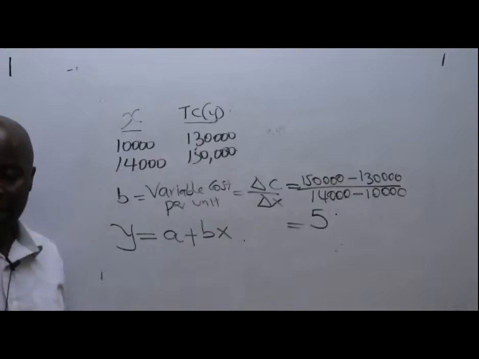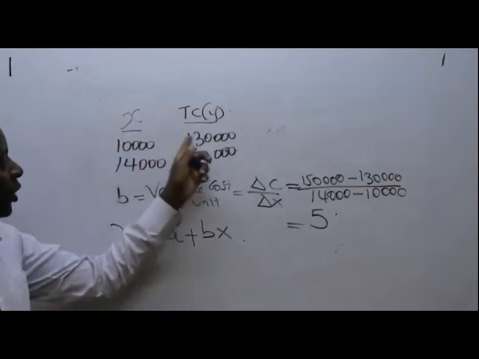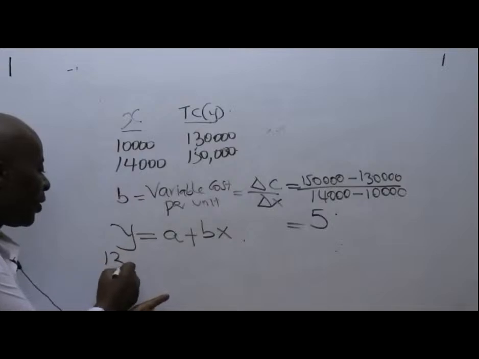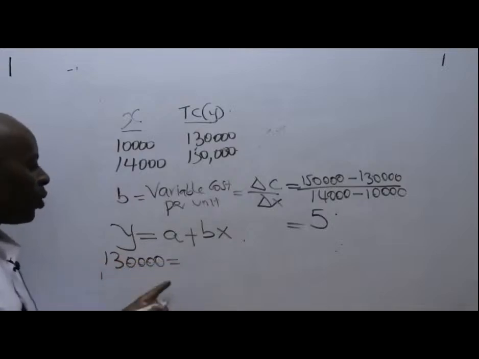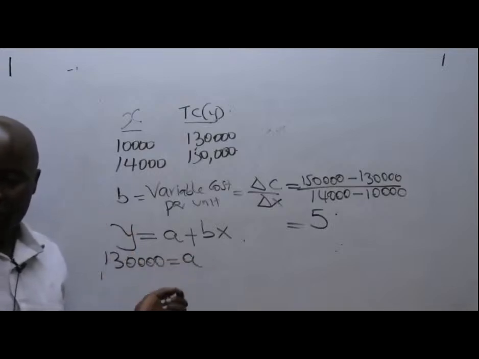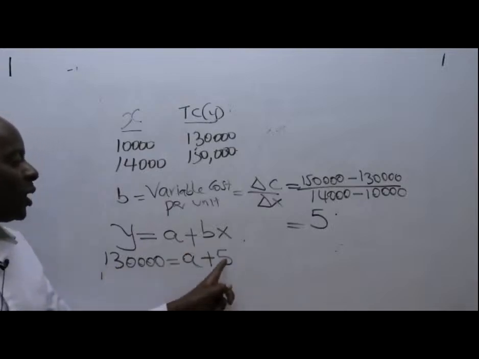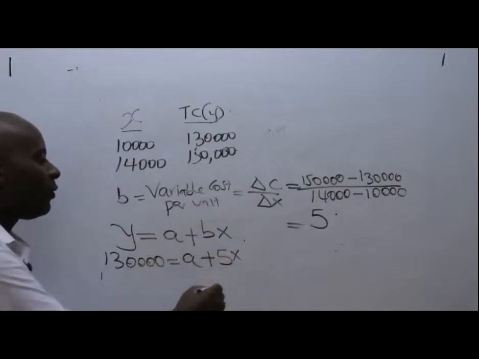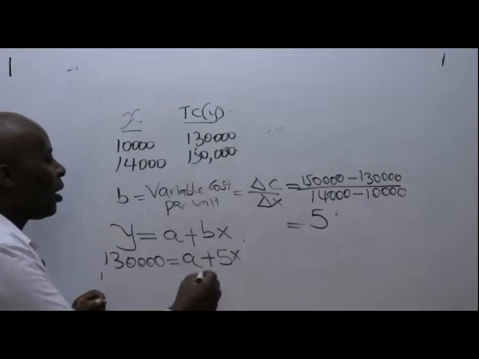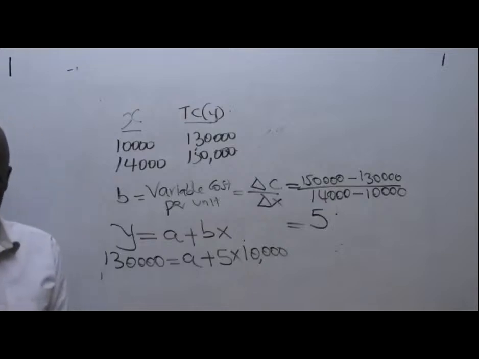You pick any of the two points. For the first one, my y is 130,000, which will be equal to a, the fixed cost that I don't have, plus b that you have just obtained, which is 5, times x for the first point, which happens to be 10,000. So could you kindly give us a? a will be equal to what?